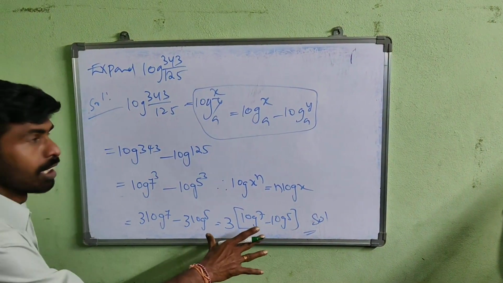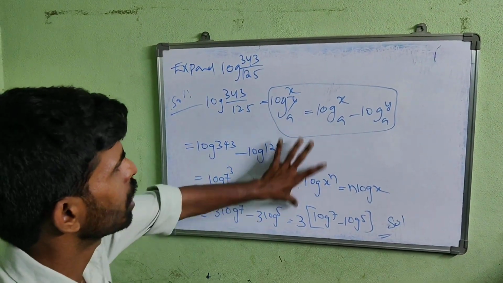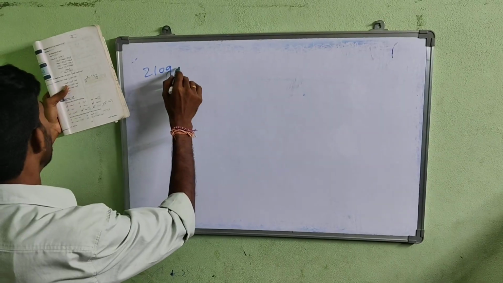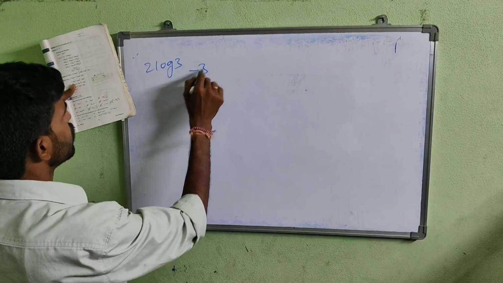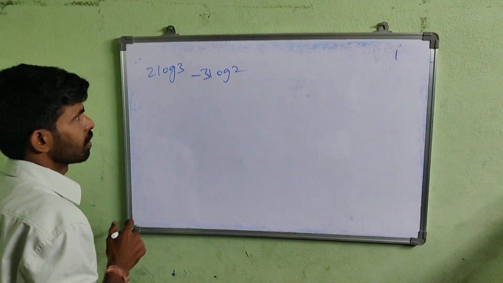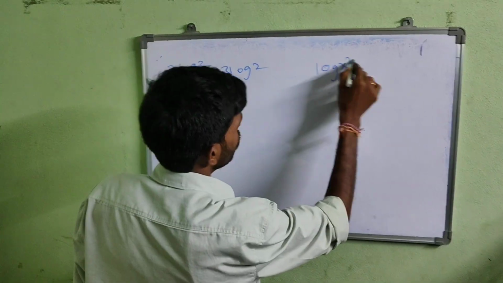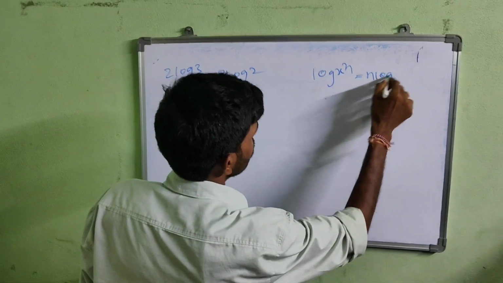Expand like this. We need to take the formulas into consideration and apply them. 2 log 3 minus 3 log 2: how can we write it? Log of x power n is equal to n log x.